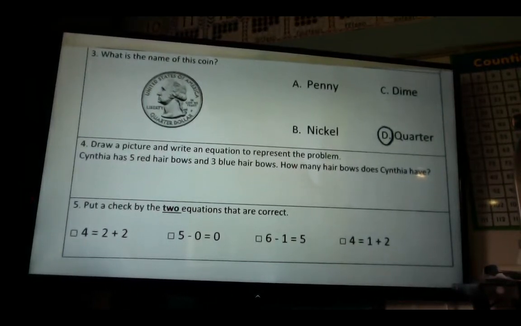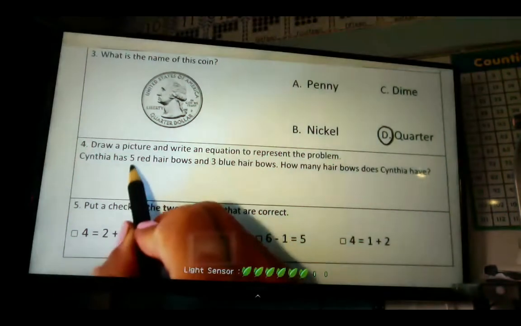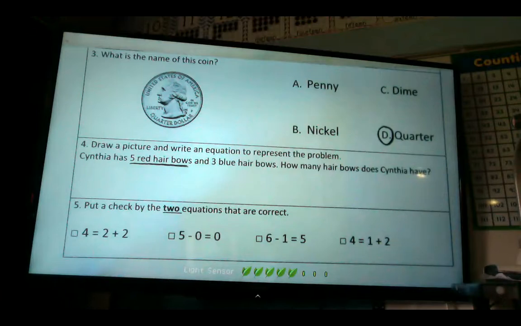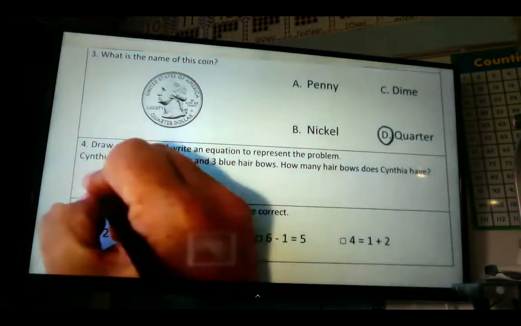How many hair bows does Cynthia have? Let's start by what we know. We know Cynthia has 5 red hair bows.